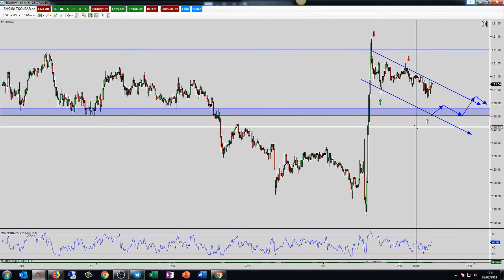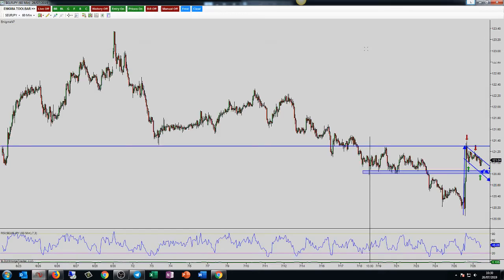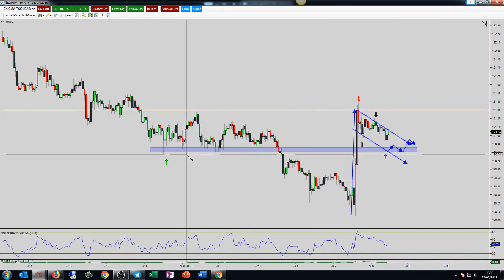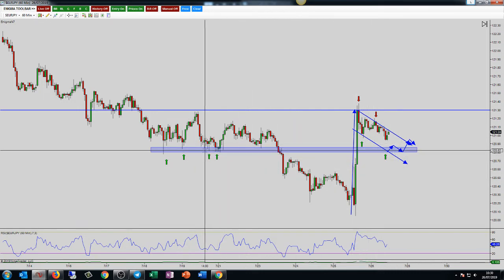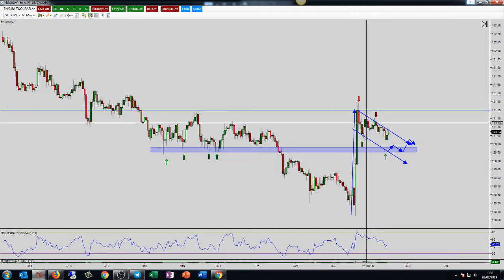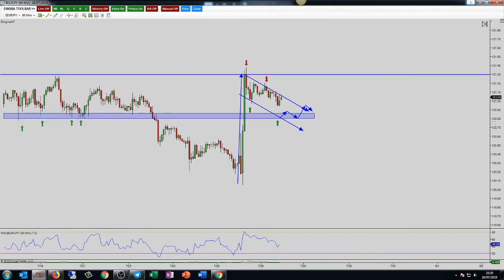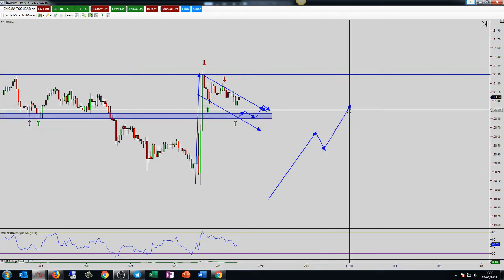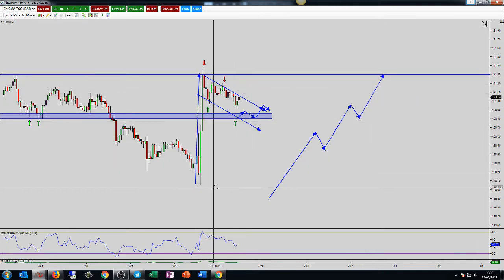Still nothing here on the 15 for me. It's a lovely looking directional pole, but yeah, going to wait for the fourth touch and see if it gives us additional confirmation. I mean, this is a lovely structure level just here. If the market was to come into this level, we've got a probability here of seeing a rotation pattern, and just like trend continuation trades where we look for long extensions, small pullbacks, long extensions, small pullbacks, these are higher probability of getting the follow through extension.